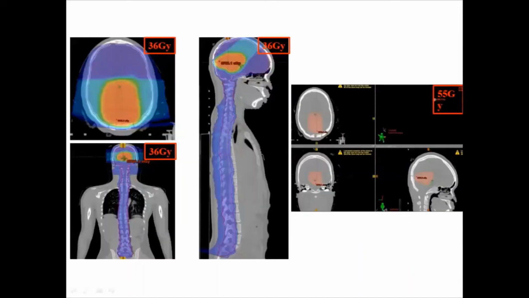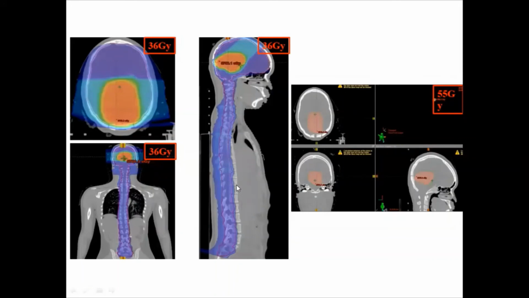Here we see the craniospine, and the child was treated with proton therapy. As you can see in this dose color wash, there is no exit dose beyond the Bragg peak, and thereby it avoids dose to the structures anterior to the spine.